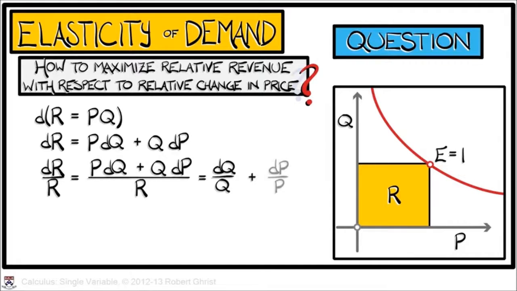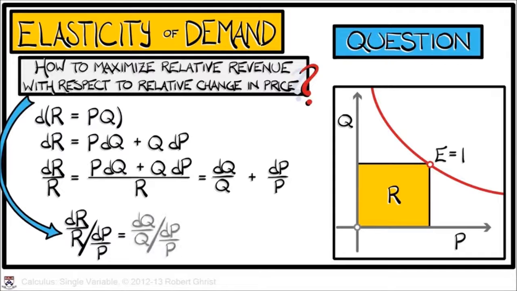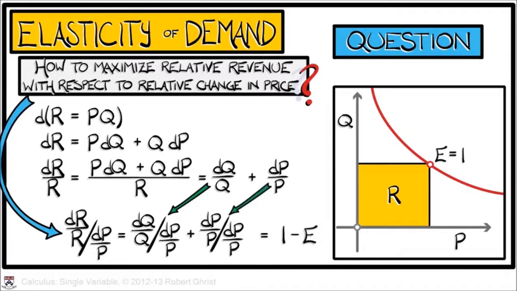We get dQ over Q plus dP over P. And now, looking at the ratio of relative revenue to relative price gives us what? dQ over Q over dP over P plus dP over P over dP over P. That latter term simplifies to 1. The former is negative E. So we have maximal revenue when the elasticity equals 1.